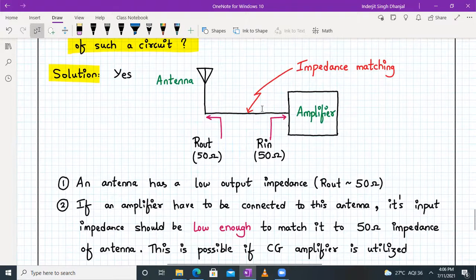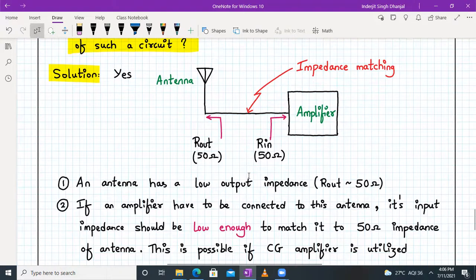And we have to connect an amplifier whose input impedance is as low as the antenna output impedance. That means if the input impedance of this amplifier connected to the antenna is 50 ohms, whenever we connect the antenna and the amplifier, there is impedance matching and there is no loss of any information.